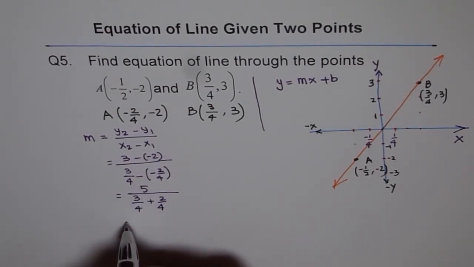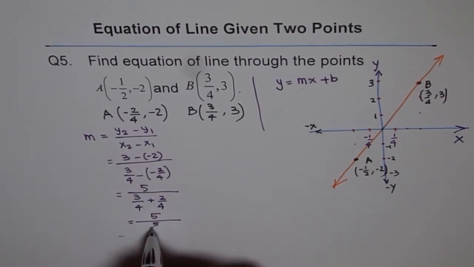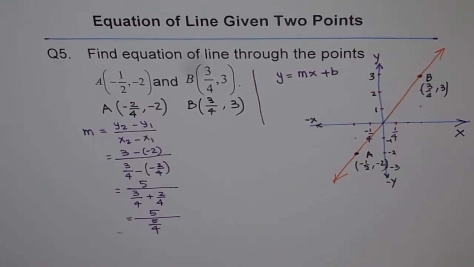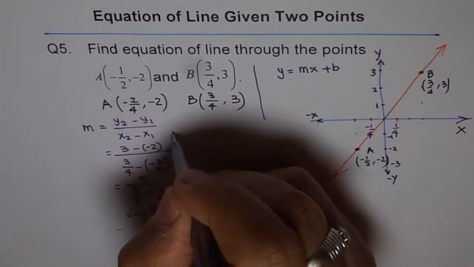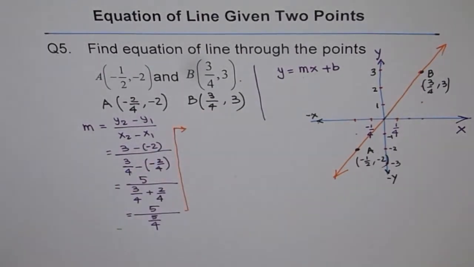So this gives us a value which is equal to 5 divided by 3 plus 2 is 5 over 4, correct? Let me push this page a bit above so that it's clear to you. 5 divided by 5 over 4. Okay, now since this is kind of a fraction, let me move it here and show you how to do this.